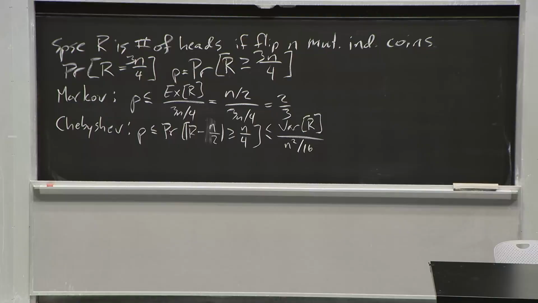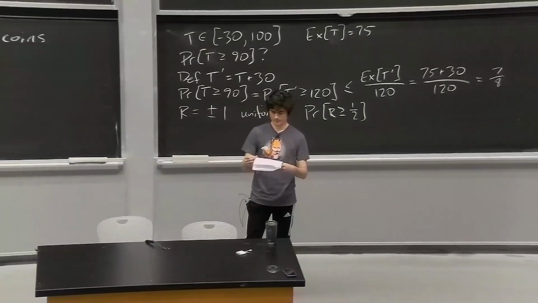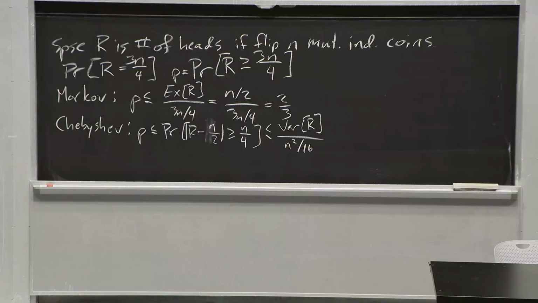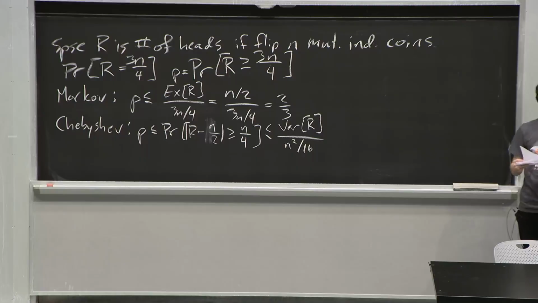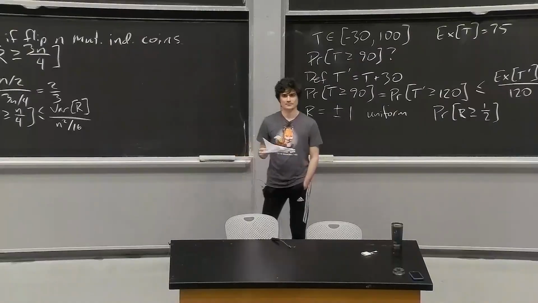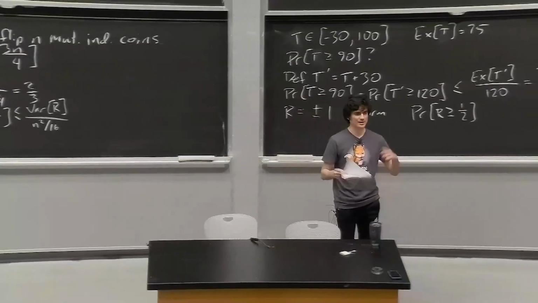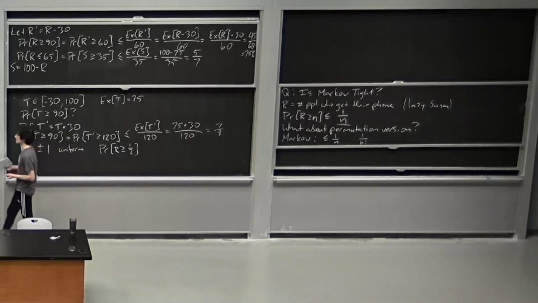Okay. So what is the variance of R? Does anybody remember? We've got a sum of a bunch of indicators, and they're all mutually independent, so the variance is linear.